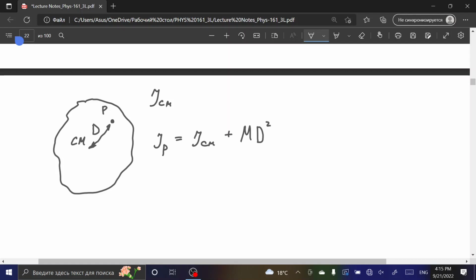So with this in mind, we can make a step forward and consider, yes? Use the parallel axis theorem.